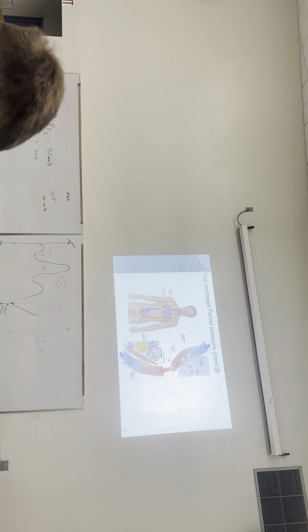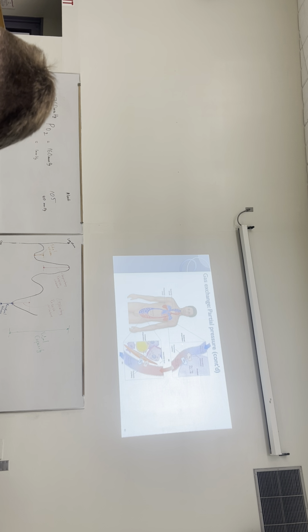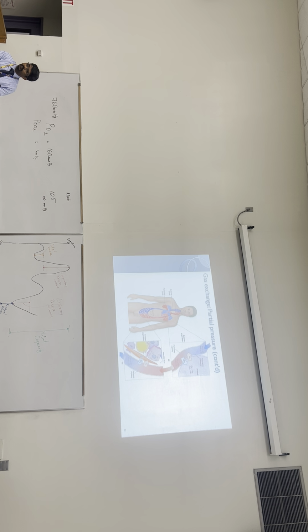So this is pulmonary capillary, pulmonary artery, bring oxygen poor blood, so CO2 will move out, oxygen will move in, the blood leaving will have a PO2 of about 100, PCO2 of 40. In tissues, it's the flipped, right?